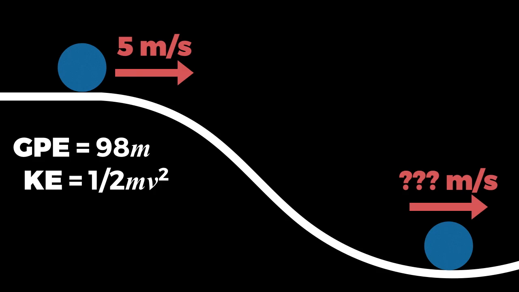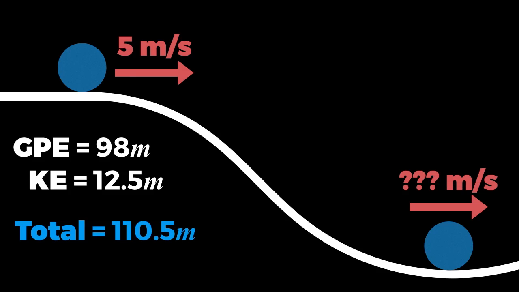So the kinetic energy in terms of m is going to be 12.5, which is just 1/2 times 5 times 5, times whatever the mass of the object is. We'll call that m. So the total of the gravitational potential energy and the kinetic energy before the ball rolls down the hill is going to be 110.5 m, meaning 110.5 times whatever the mass of the object is.